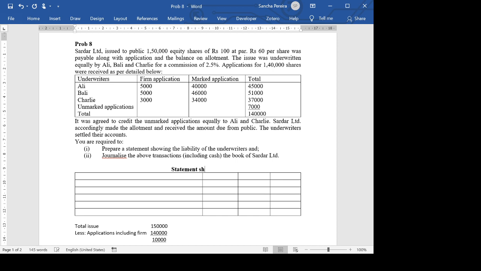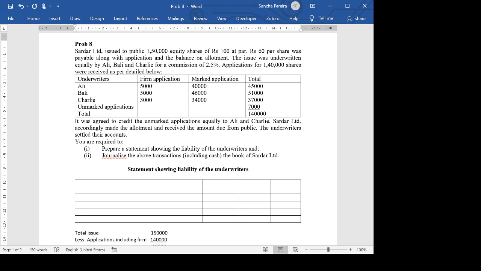Statement showing liability of the underwriters. Okay, so I'm going to solve under the case when benefit slash credit of firm underwriting is not given to individual underwriters.